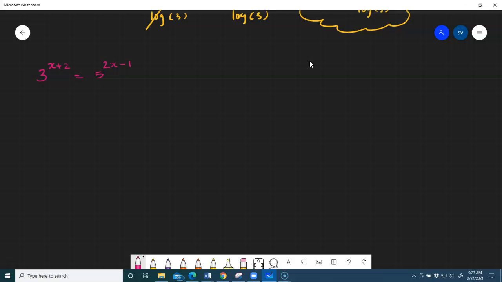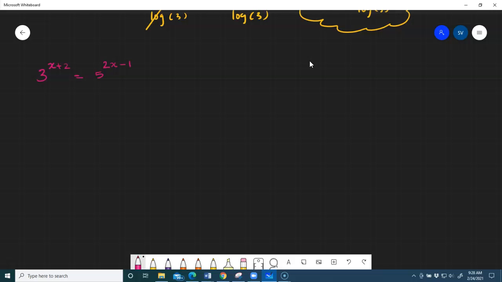It is saying that some power of 3 is equal to some power of 5. Interesting. We can try to figure out what power makes 3 and 5 the same.